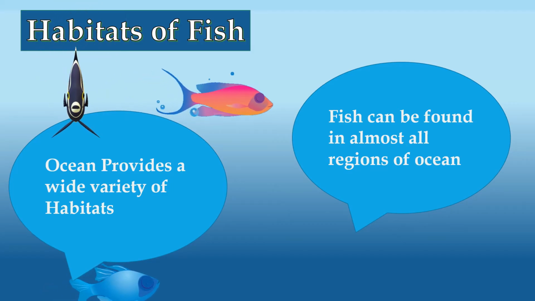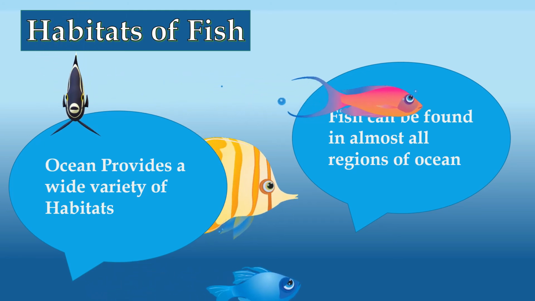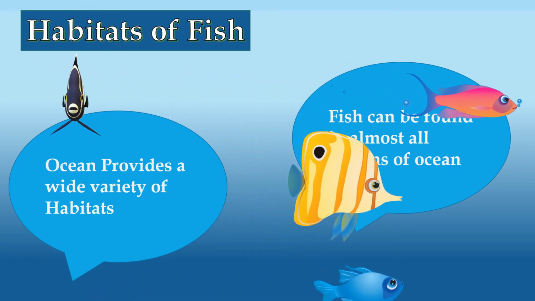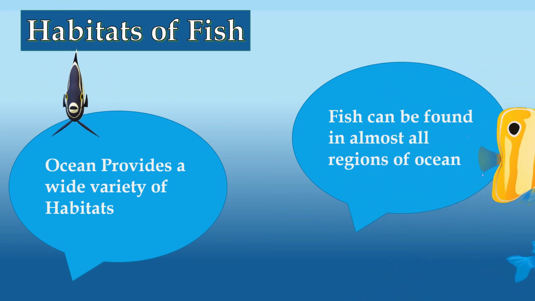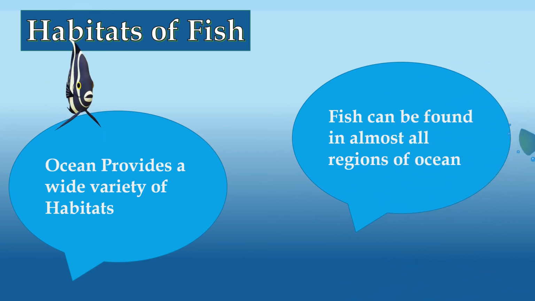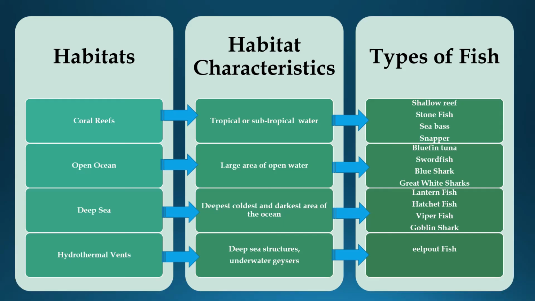Now, let's see the habitats of fish. The ocean provides a variety of habitats, and fish can be found in almost all regions of the ocean. Let's see the habitats of fish with their characteristics and the types of fish that live in those habitats.